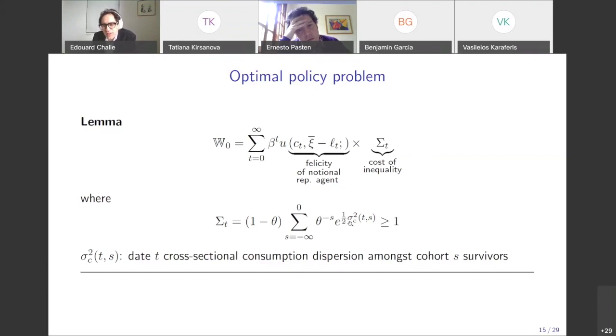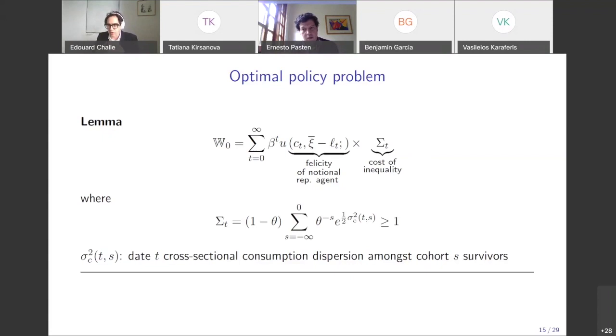So how do you see that it aggregates consumption dispersion? So the sigma c squared t,s is the cross-sectional consumption dispersion, the cross-sectional variance of consumption at time t for the cohort born at time s. Okay, so a cohort born at time s starts with a cross-sectional variance of consumption that is sigma squared c s,s, and then it's going to be s plus 1, s plus 2.